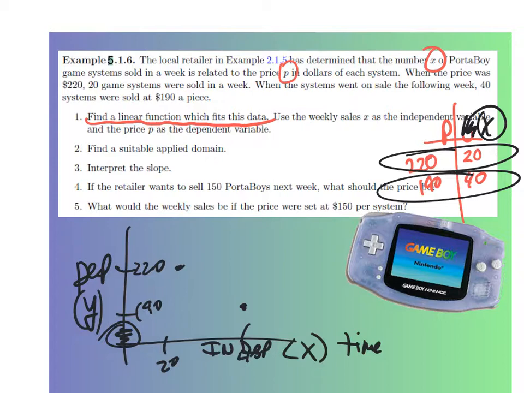And now, if I needed to find the slope, I would just do the same thing you'd normally do, which is the y minus the y over the x minus the x. And that would be the 220 minus the 190, which would be 30, over the difference in the x, which would be 20.